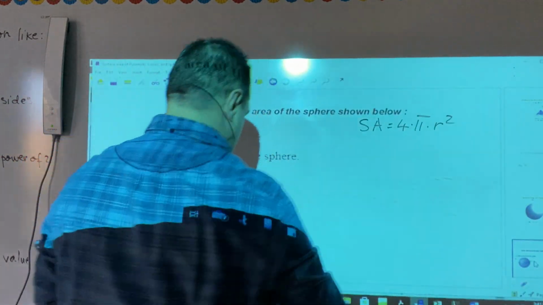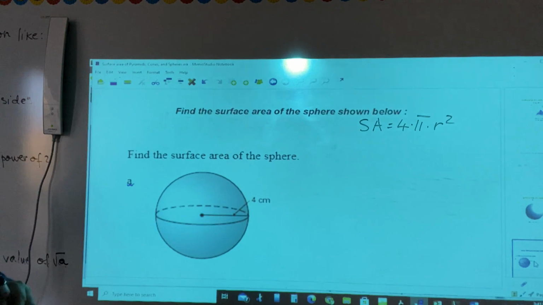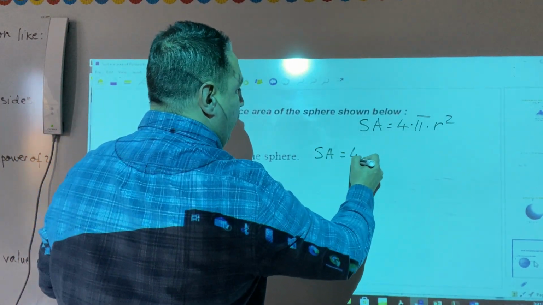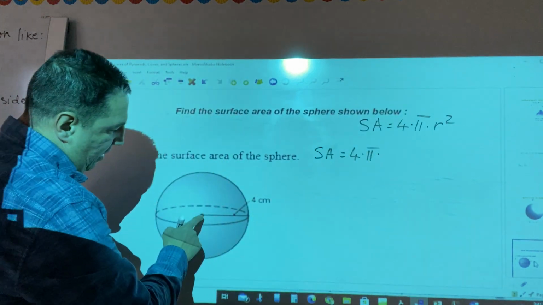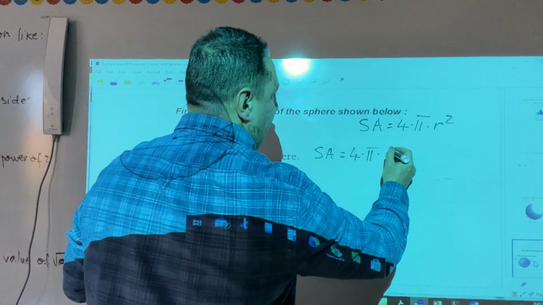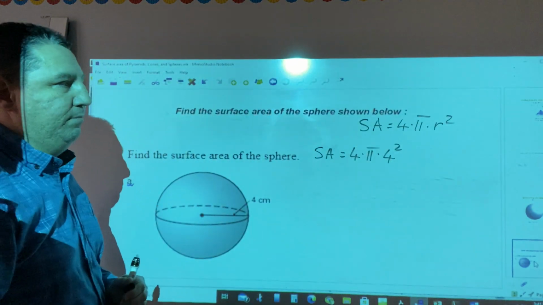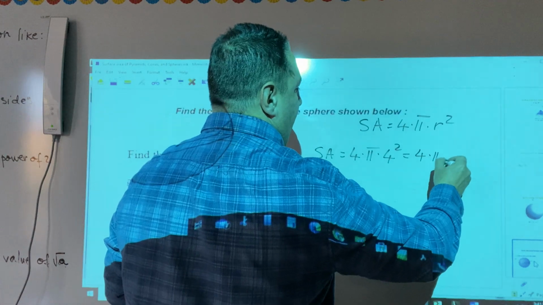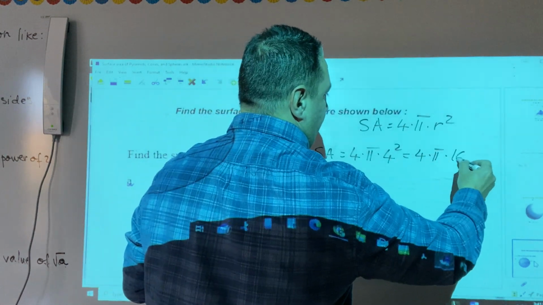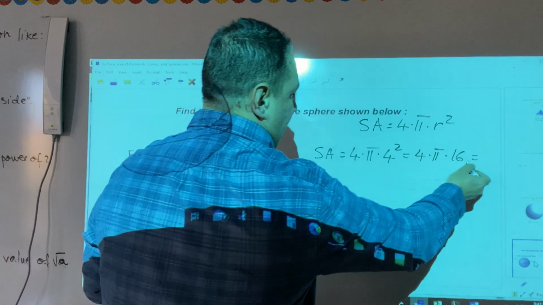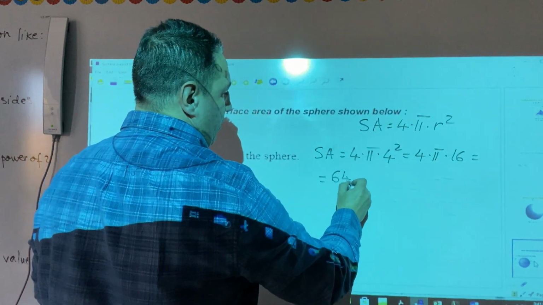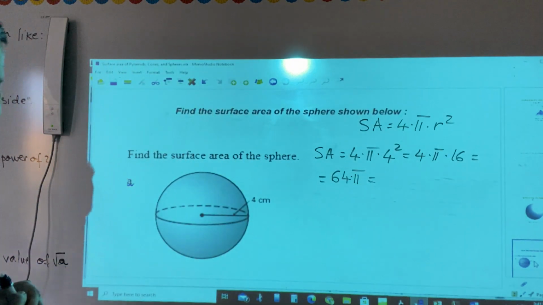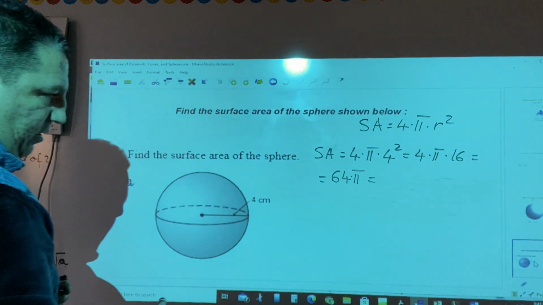Here, surface area of this sphere would be 4 times pi times r is 4, 4 centimeters. But don't forget to square. So 4 times pi times 4 squared is 16, right? 4 times 16 is 64 pi. Let's approximate 64 times pi.